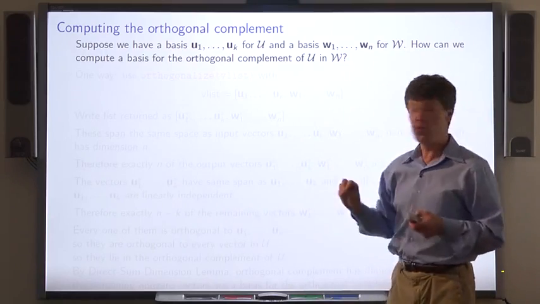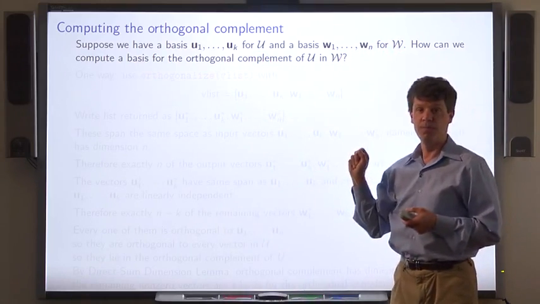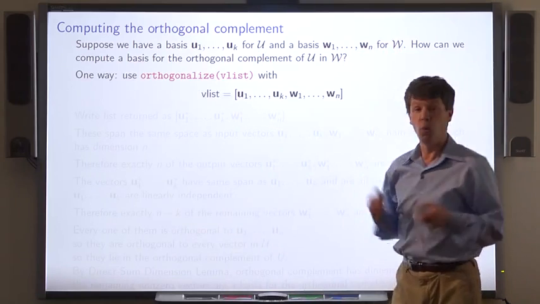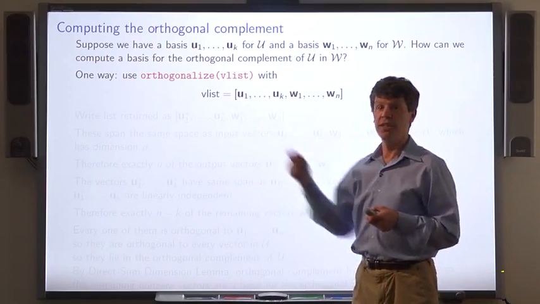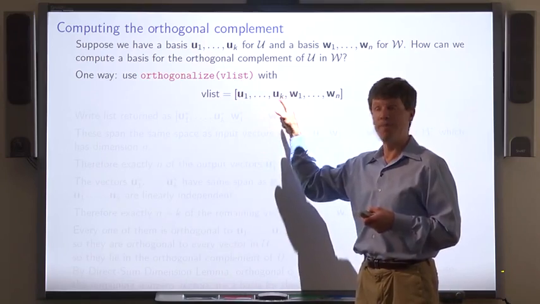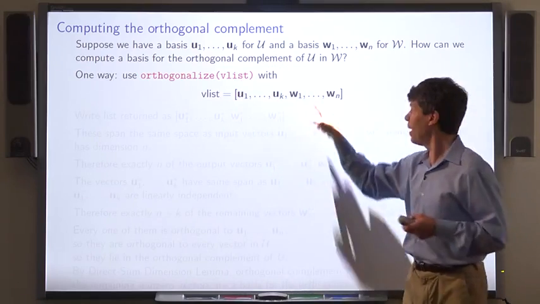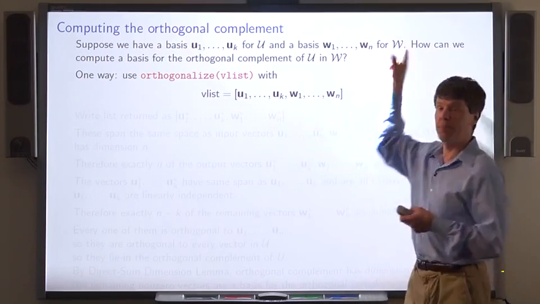Note that here we're assuming that big U is a subspace of big W. One way is to use orthogonalize. Apply it to a V-list consisting of first the vectors u1 through uk that form a basis for big U, followed by the vectors w1 through wn that form a basis for big W.